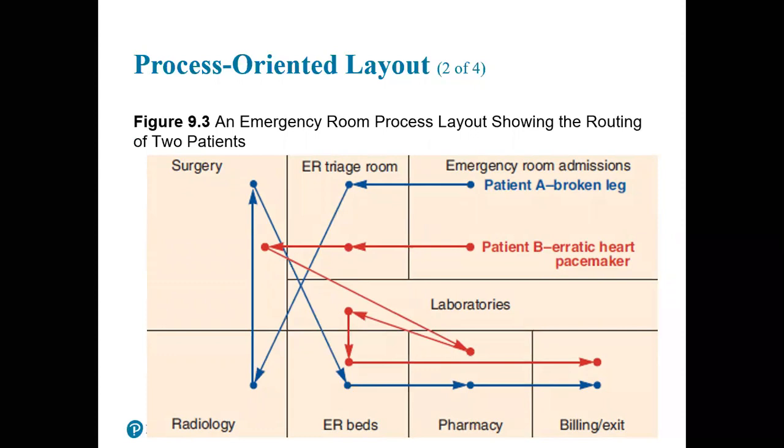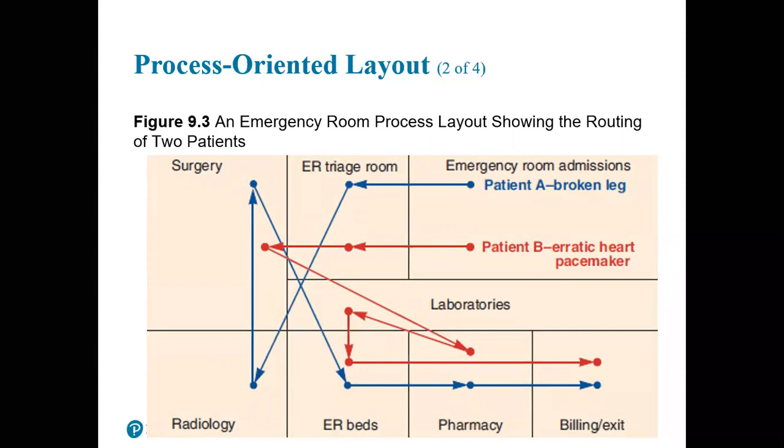It could be, they're all emergencies, yes, but the type of emergencies differ, okay? Somebody with a broken leg might have a different set of requirements from somebody who requires the pacemaker to be repaired or replaced, okay?